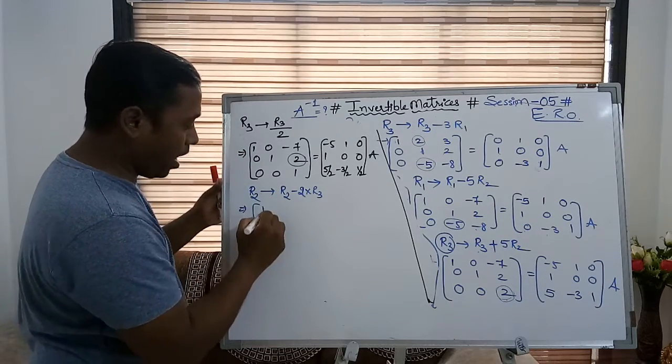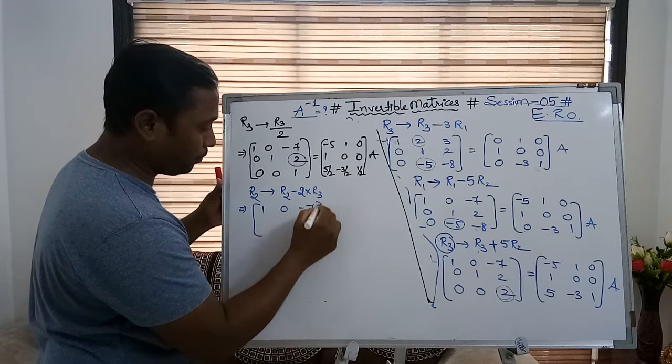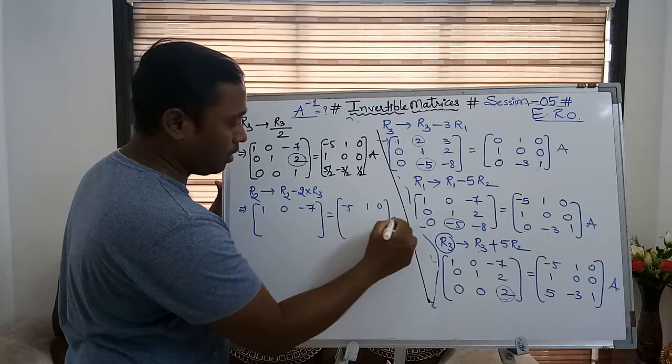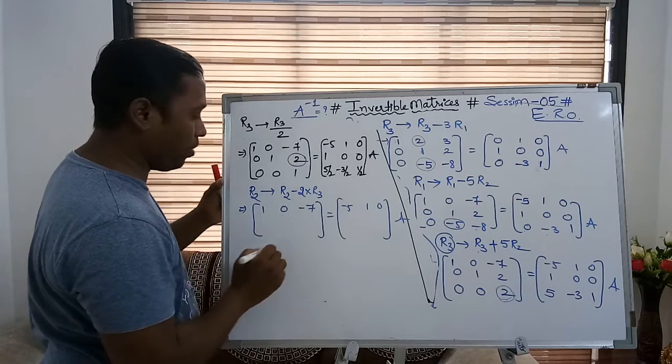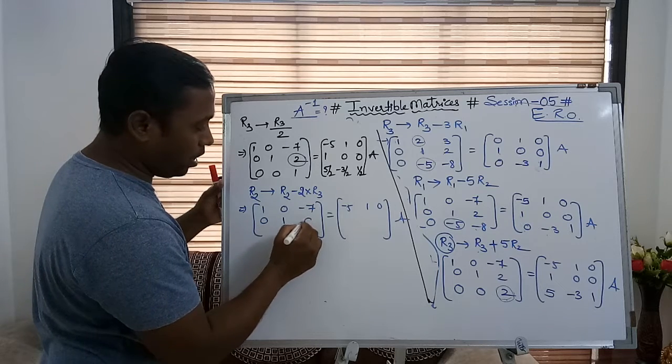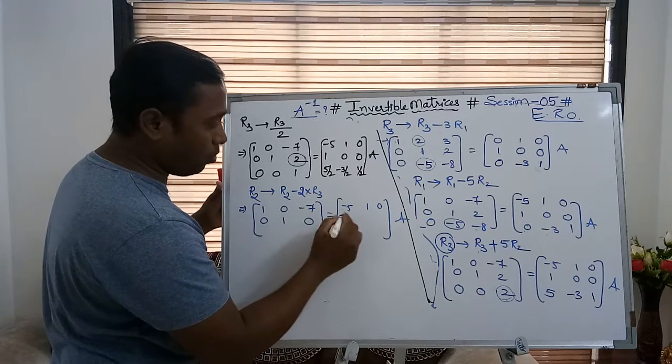So if I do this way, what am I going to get? R1 remains same, minus 1 0, as it is. Now R2 is going to change by applying this. It will be 0, 1, 0.